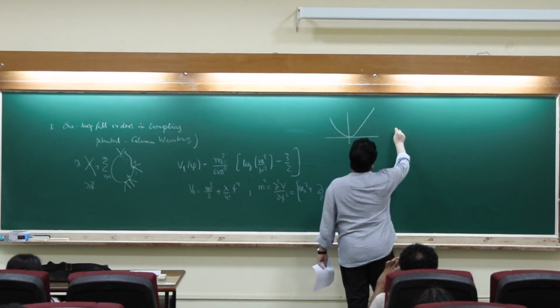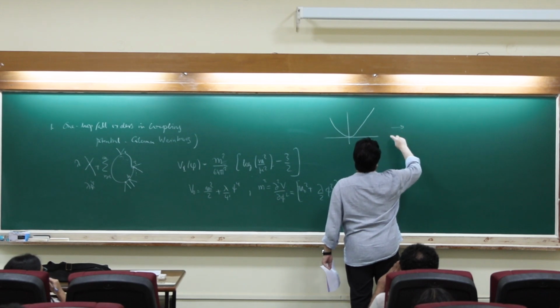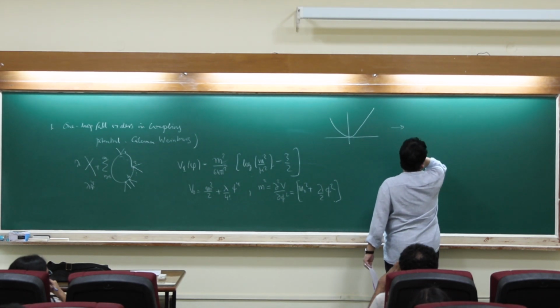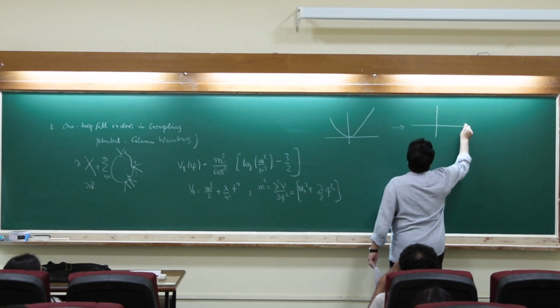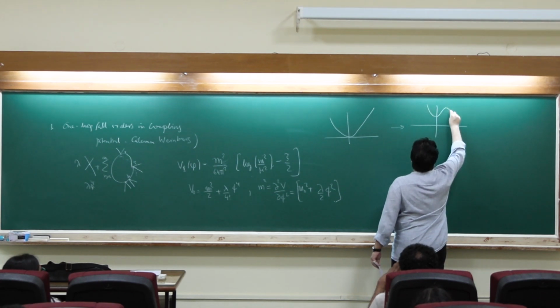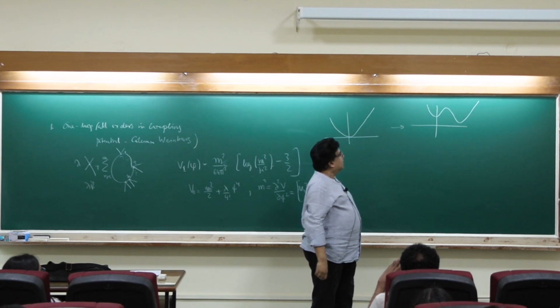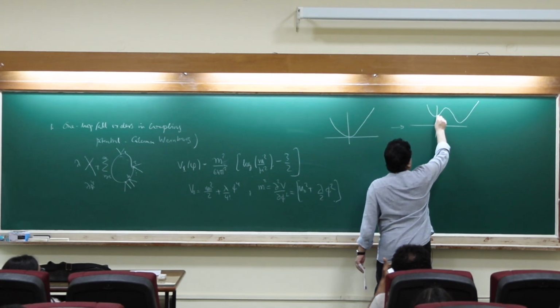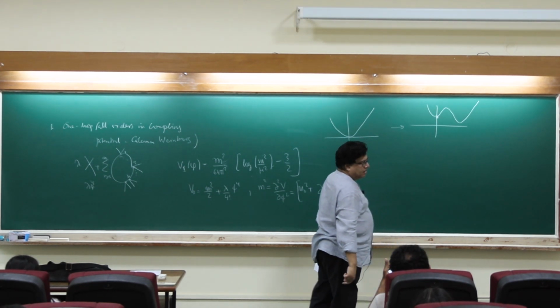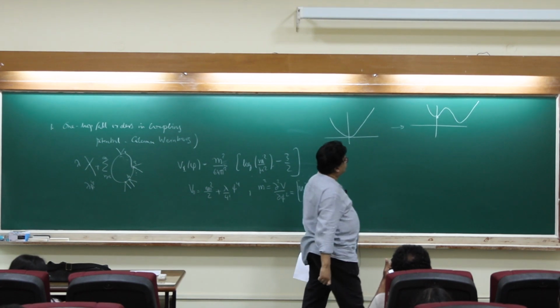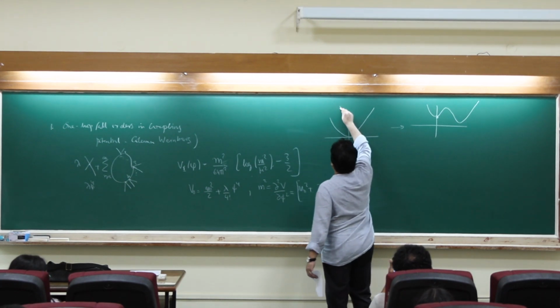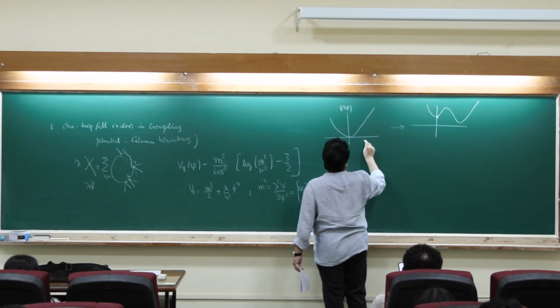So we are looking for something where a potential looks like as follows. You started off here, at the minima of the potential. What you are plotting here is V(phi) versus phi.